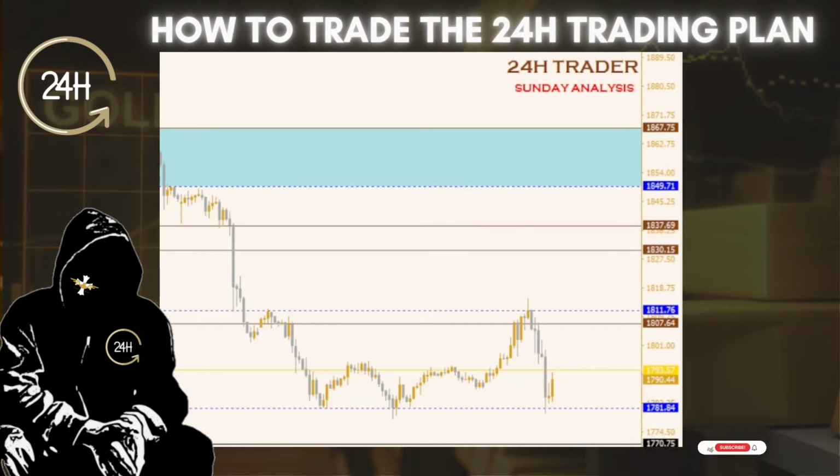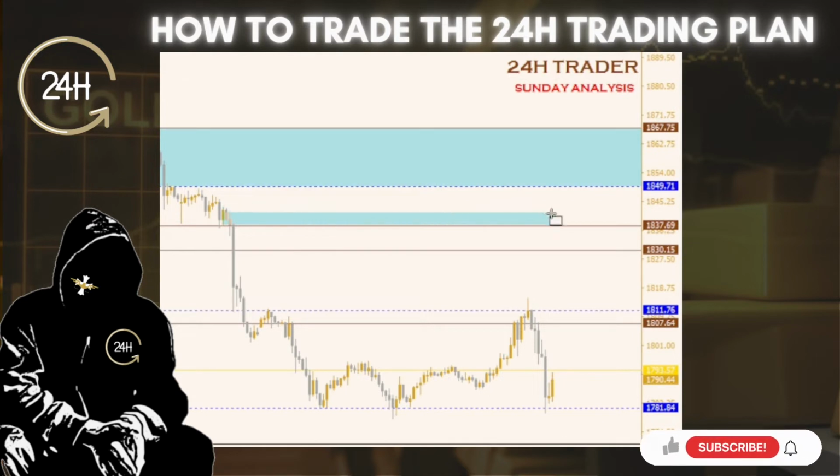You found from last Friday's analysis that the market will pick up this area, and it certainly did, and completed our analysis last Friday.